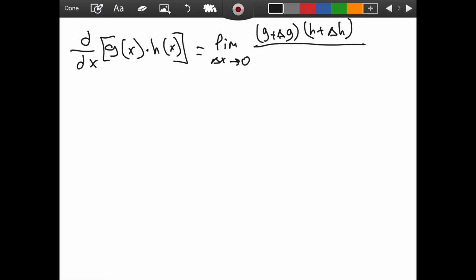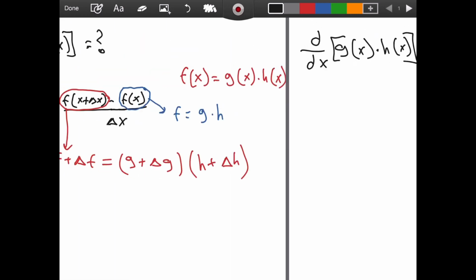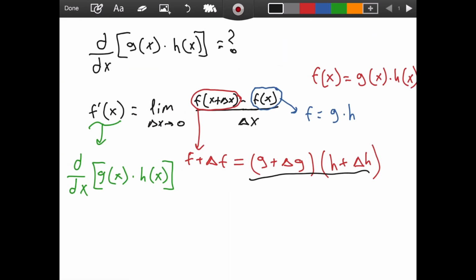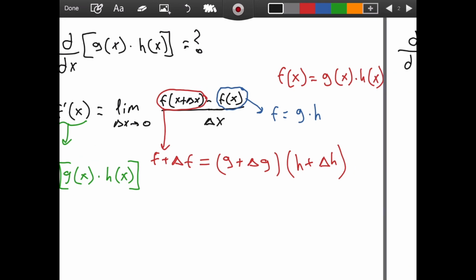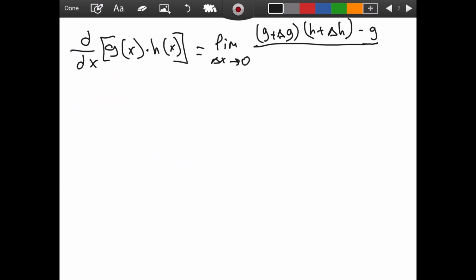Anyways, we wrote the first term. It was this product here. Then we have the second term, which is minus f of x, which I said is g times h, of course with the minus sign. Minus gh divided by delta x. Well, we will still have our limit as delta x approaches 0.